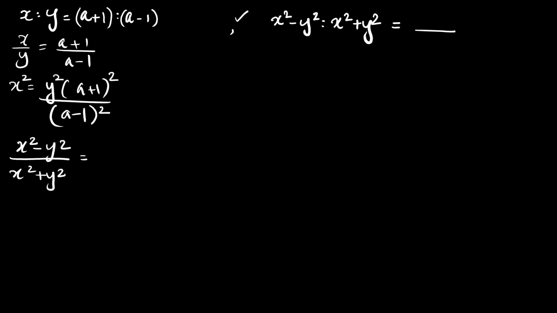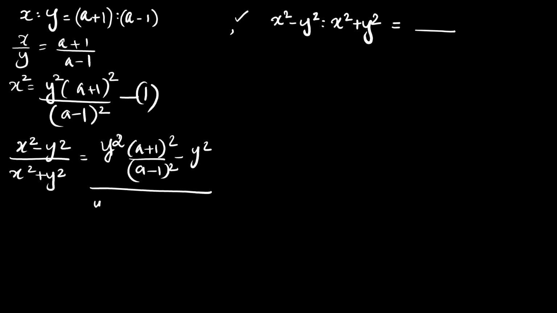Now we will substitute for x from equation 1. That is x square is y square into a plus 1 whole square divided by a minus 1 whole square, minus y square, divided by, again x square is y square into a plus 1 whole square divided by a minus 1 whole square, plus y square.